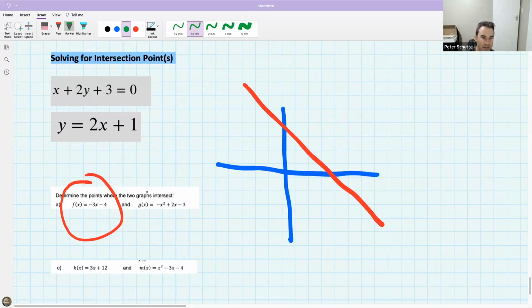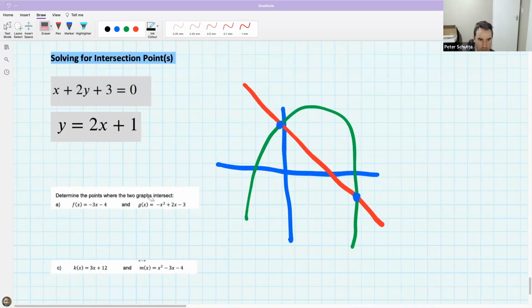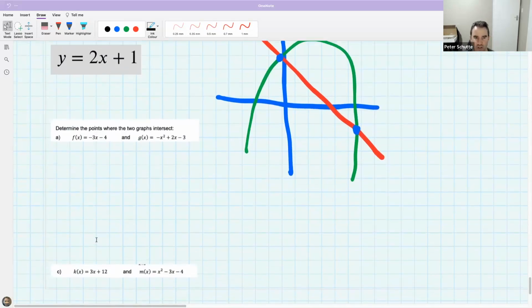And this is an unhappy parabola, so it's going to look something like that. I want to find these two intersection points where F and G meet. Can you help me find those now for the last question of the day?